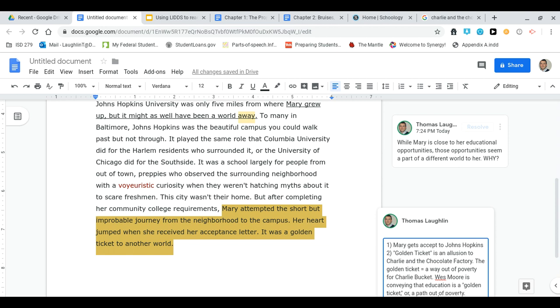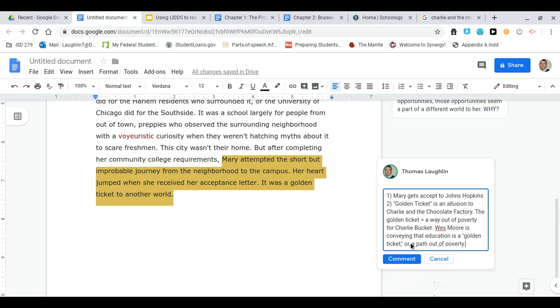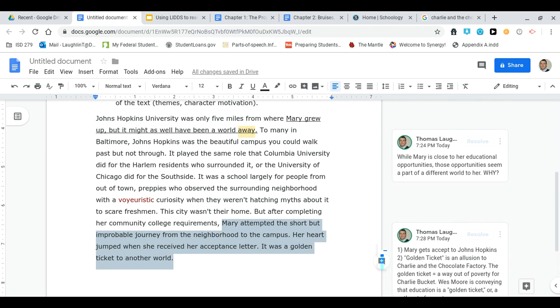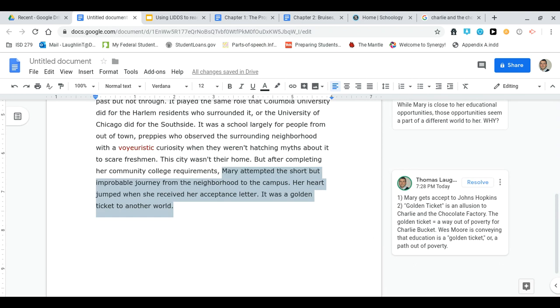Okay, so with this passage, I think these are the main takeaways. Okay, and you can see them in my notes, that while Mary is close to her educational opportunities, those opportunities seem at first to be a part of a different world. Yet, when she applies and gets accepted, she now has this metaphorical golden ticket. Or quite literally, she has access to a way out of poverty.